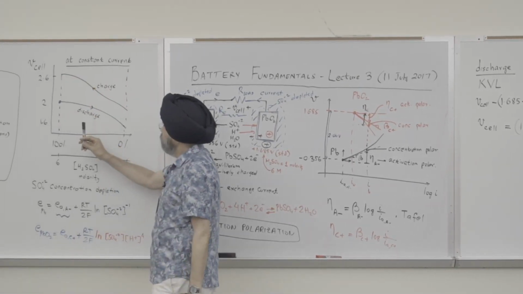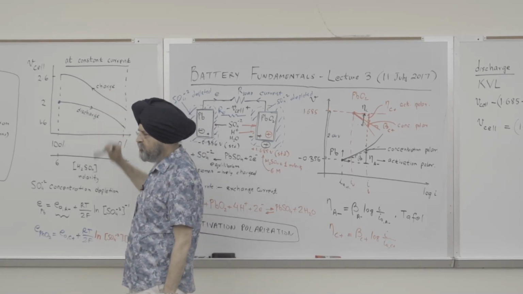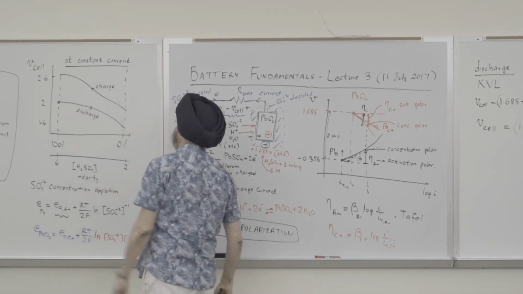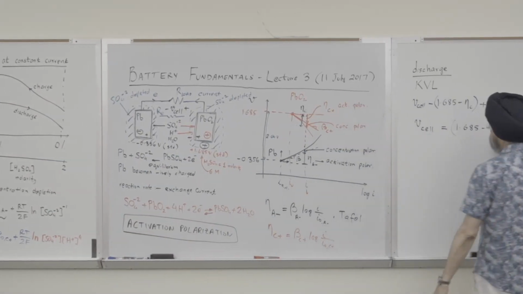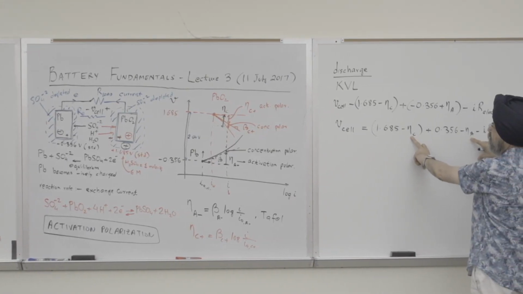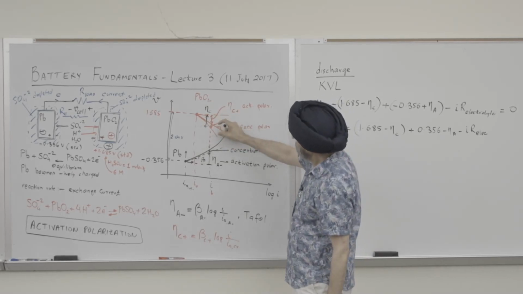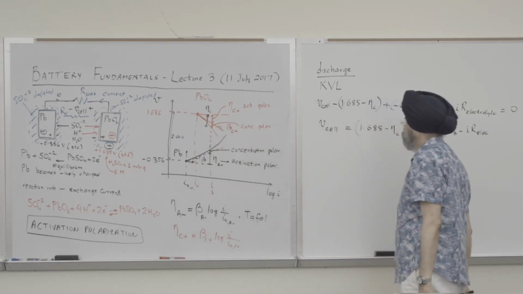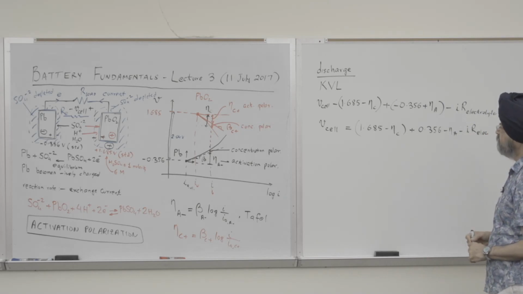We have to be careful that these curves are plotted at constant current, so this plot is independent of current. Also, NC and Na, these polarization terms, are a function of current too. As we increase the current, these values go up. So that's the discharge case.